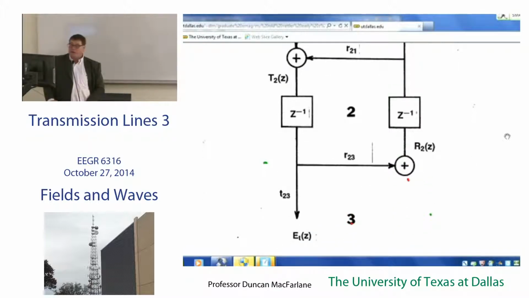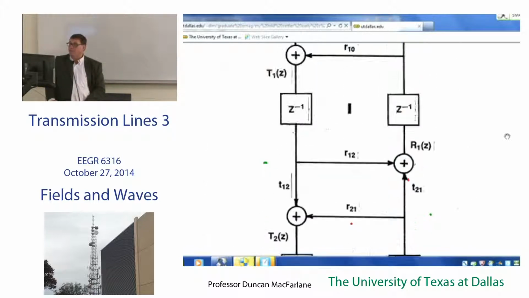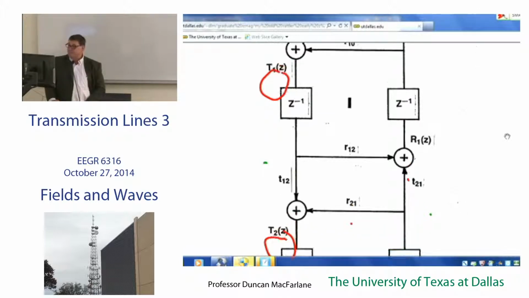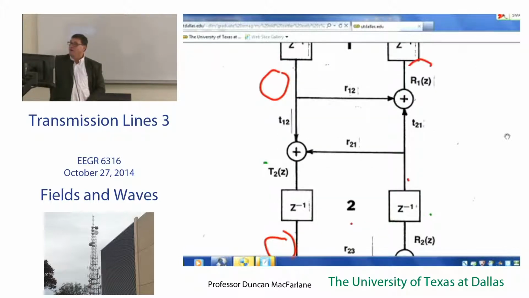Okay? To solve this, I still find it very convenient to introduce some intermediate variables. And so the intermediate variables are a signal that's going through transmission but is still in the first stage, a signal that's flowing in transmission but now is in the second stage, a reflected signal that's in the first stage, and a reflected signal that's in the second stage.